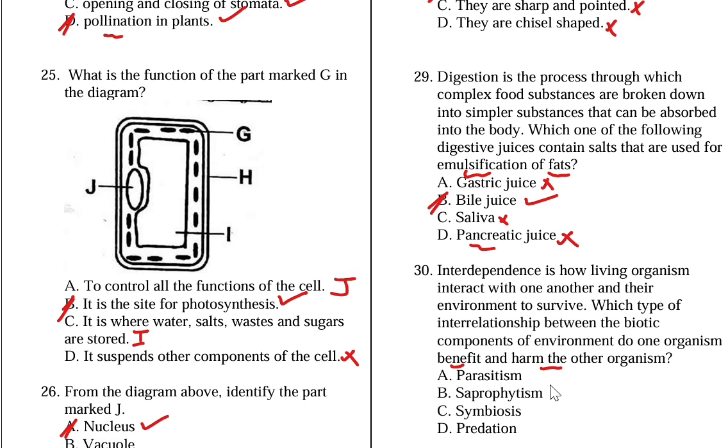This is where an organism feeds on dead decaying matter, causing decomposition. It is not symbiosis. This is whereby two organisms live together in mutual benefit from each other. And it is not predation. And therefore the answer is parasitism. This is where one organism, the parasite, feeds and obtains nutrients from the other organism, the host, causing harm. And therefore the answer is A.